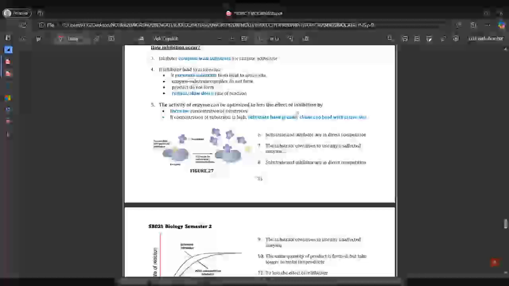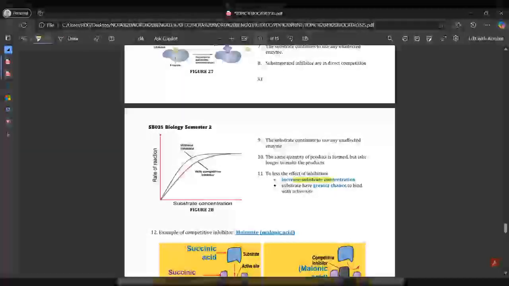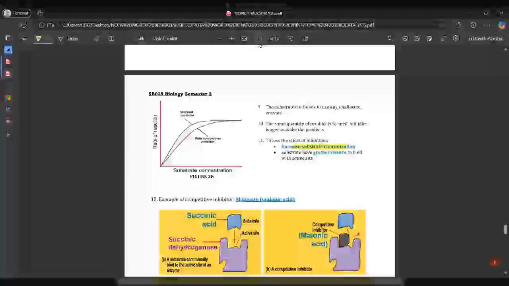Are we able to overcome it? Yes, by increasing the substrate concentration. So this is how they overcome it. And can you identify it through the graph? The answer is also yes. With the presence of the inhibitor, you're going to see that it takes a higher substrate concentration for the rate of reaction to reach the optimal level.